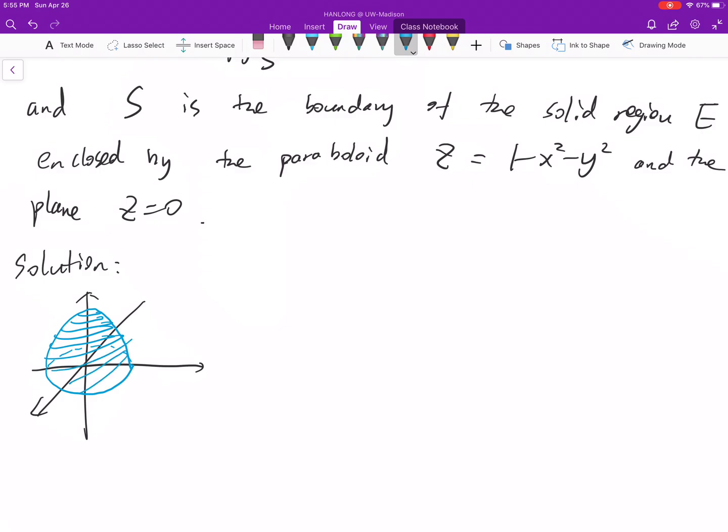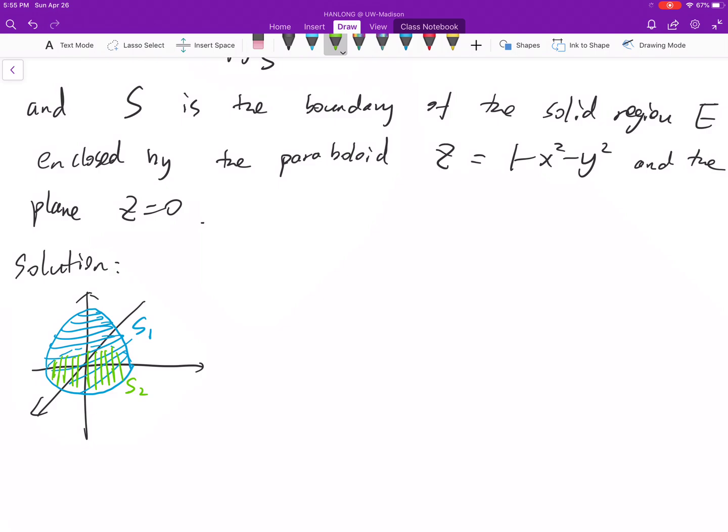This is one part, and also you have something in the bottom. Okay, so let me call this S1, and then the bottom S2.